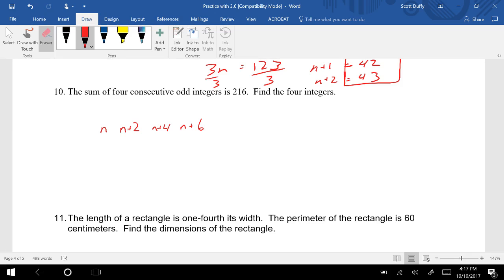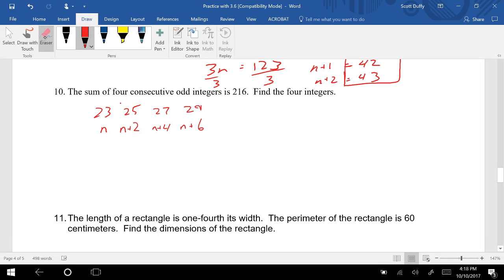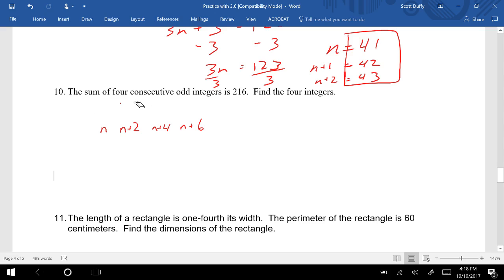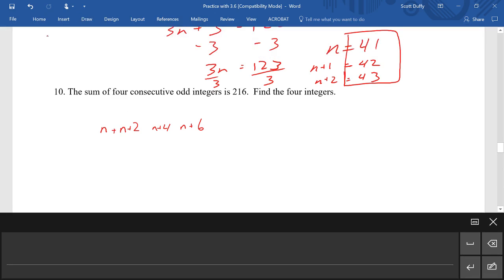Let's say that it was 23, add 2, you get 25, then 27, then 29. Those are consecutive odd integers. But those aren't it. We're looking for the sum to be 216. So I'm adding n plus n plus 2 plus n plus 4 plus n plus 6.